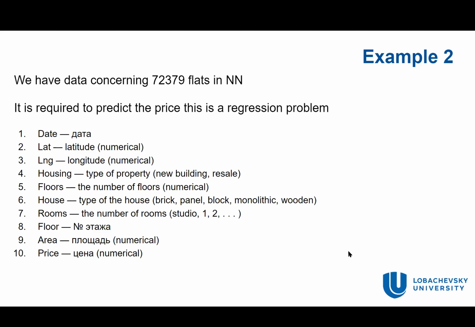Let's consider another example, example 2. We have data concerning more than 72,000 flats in Nizhny Novgorod, and it is required to predict the price. This is a regression problem because the price is a numerical feature.